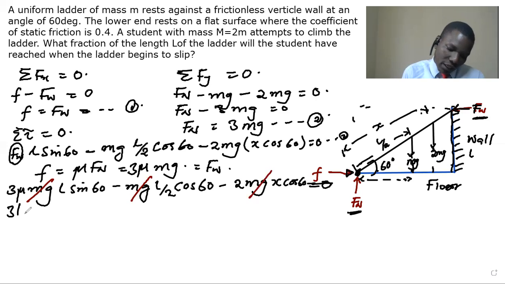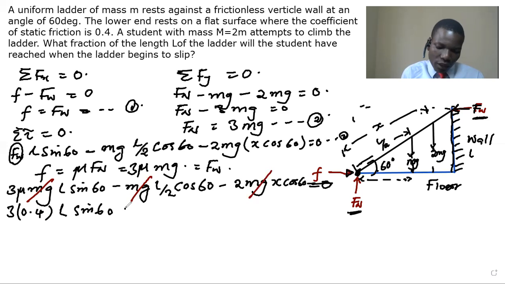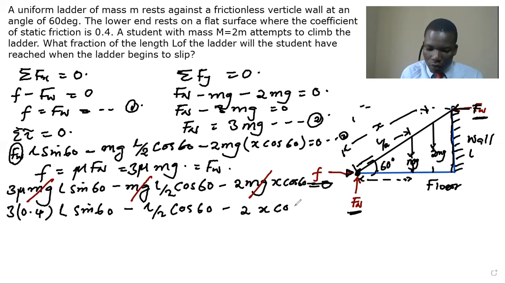So we have 3, nu is 0.4, and L sine 60 minus L over 2, or 0.5, cos 60 minus 2x cos 60 equal to 0.